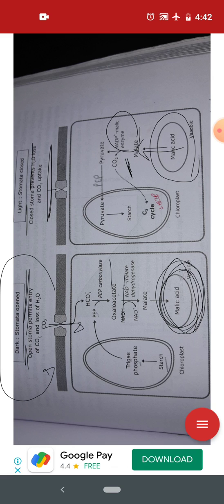In C3 plants, the Calvin cycle operates alone. In C4 plants, the Calvin cycle operates along with the Hatch and Slack cycle, and in CAM plants, the Calvin cycle operates along with the CAM cycle. These are some differences between C3, C4 and CAM plants.